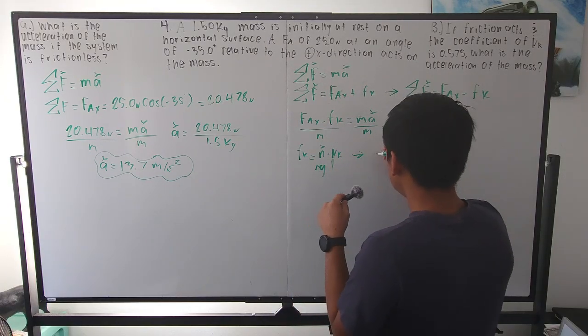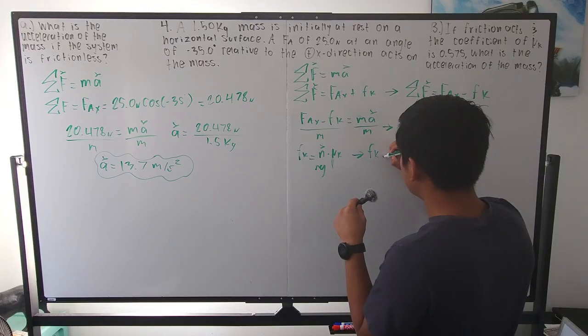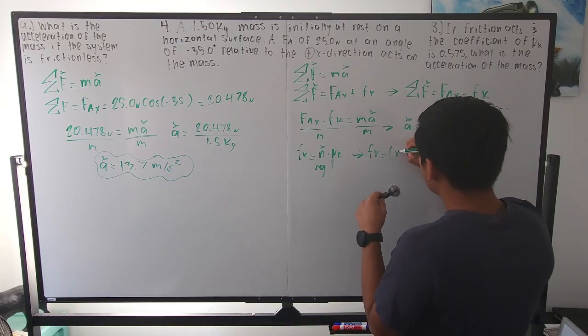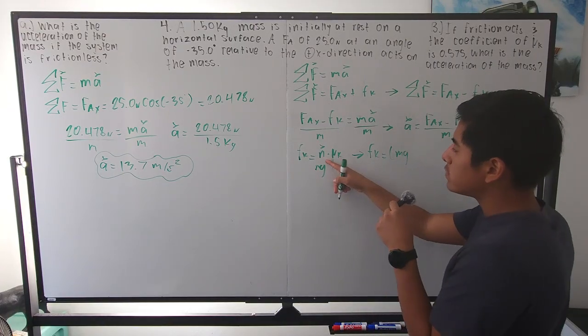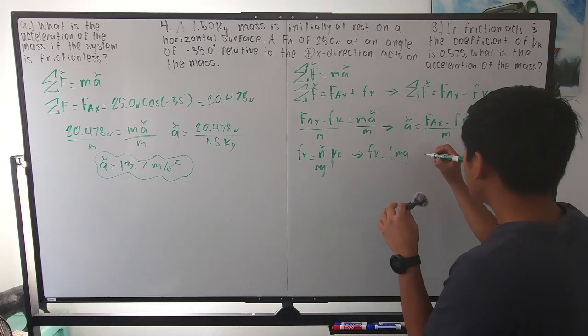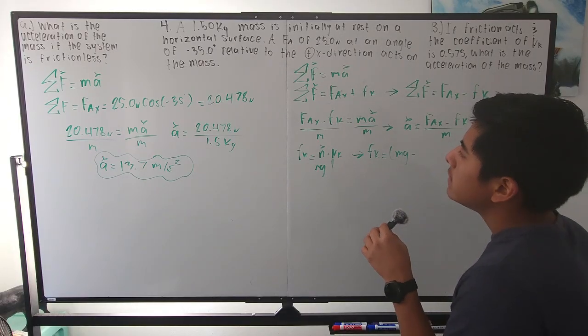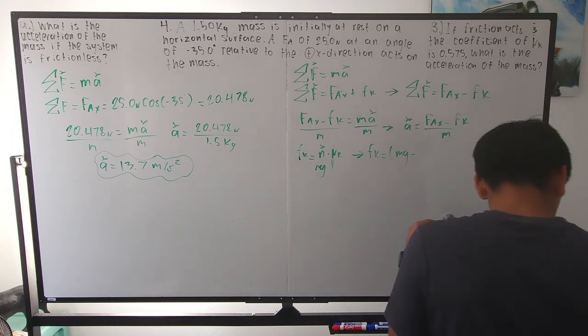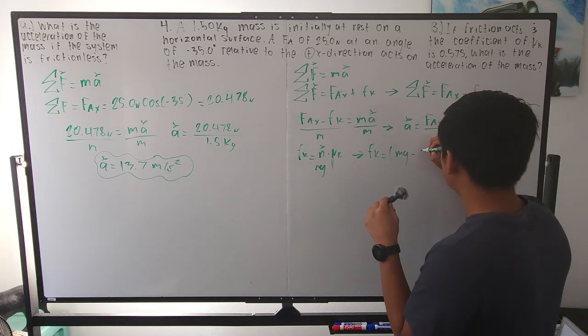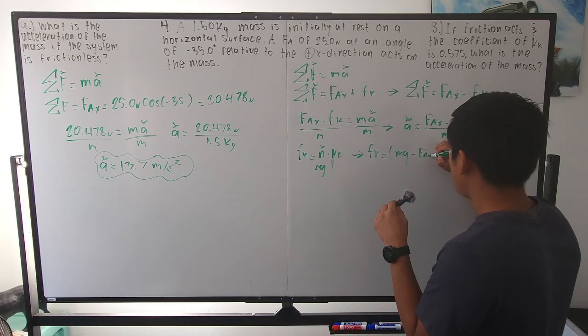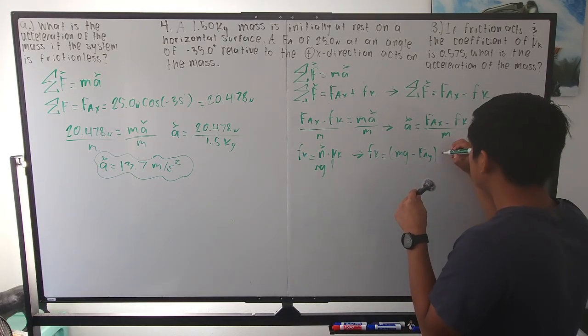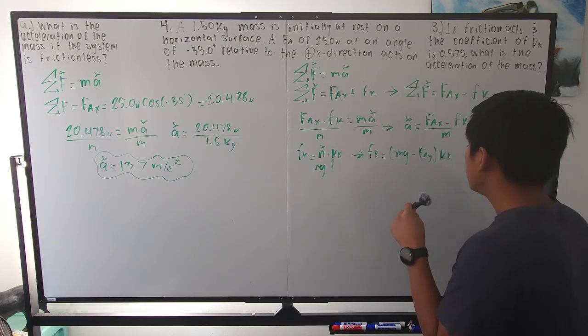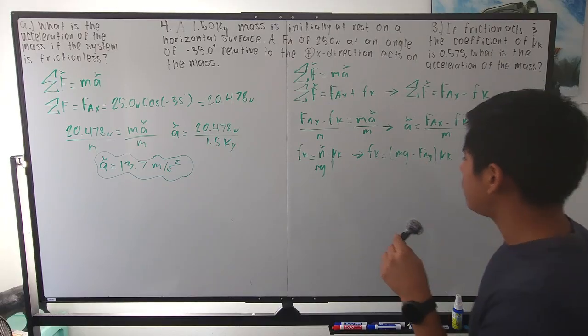In this case, it's going to be the force of kinetic friction equals mg, which is the normal force just by the object alone, and then minus the y component of the applied force, which is going to be Fay, and then that multiplied by mu k. Now here we can solve out for Fay.